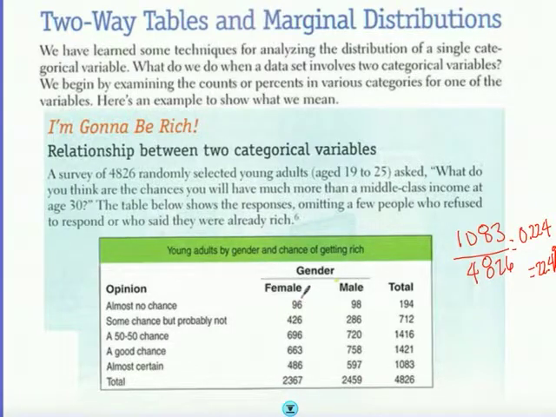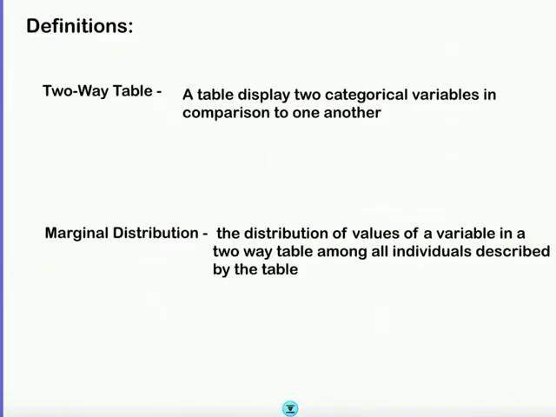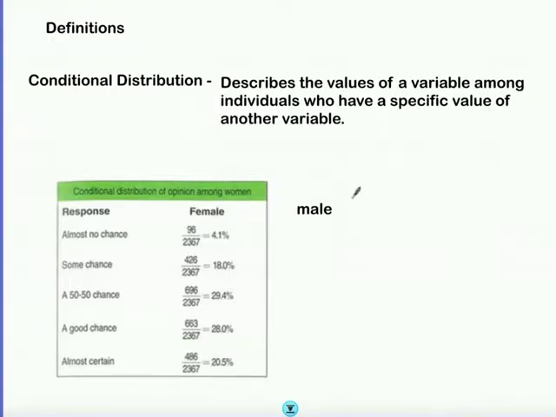So you have your females that said almost no chance out of your total females. This is not over your total, because you are looking at the values of variables of individuals with a specific value of another variable. So some chance, you had 426 women out of 2,367 for a total of 18%, and so on and so forth.